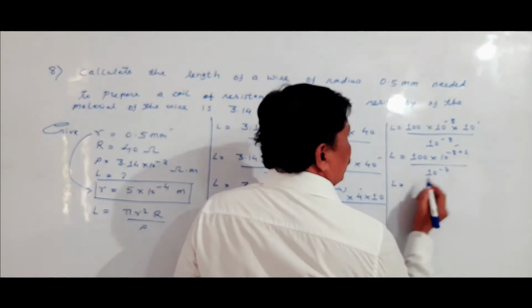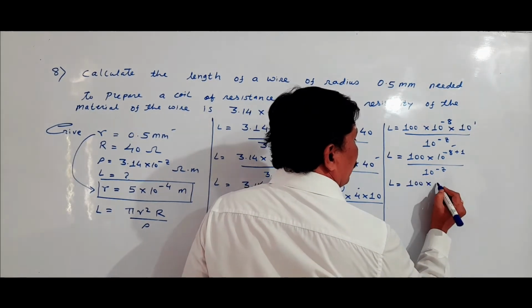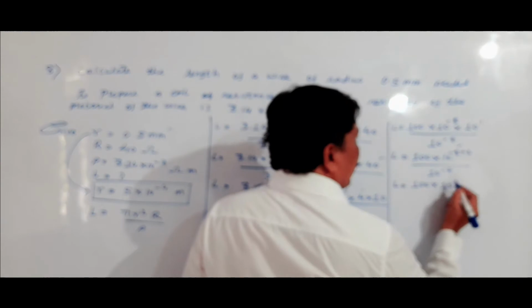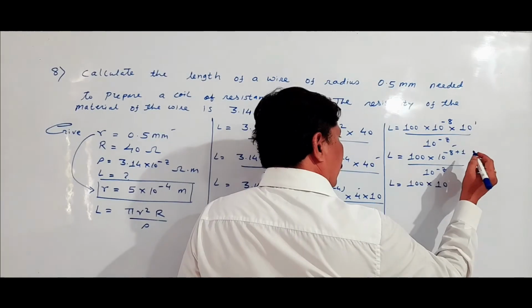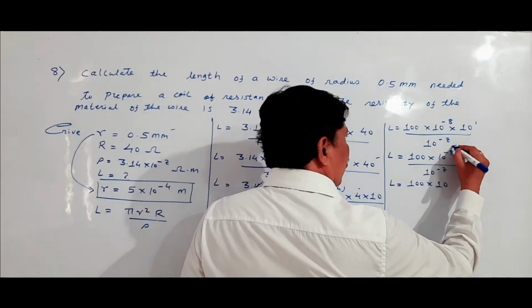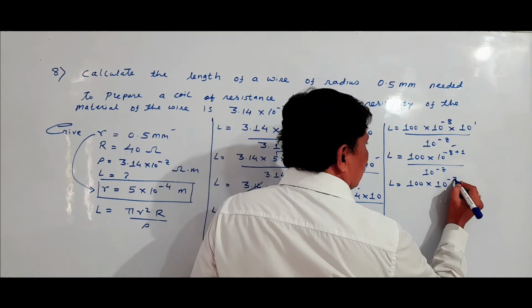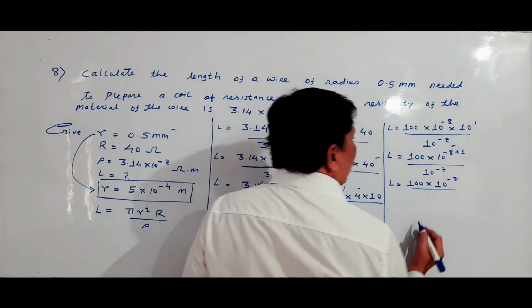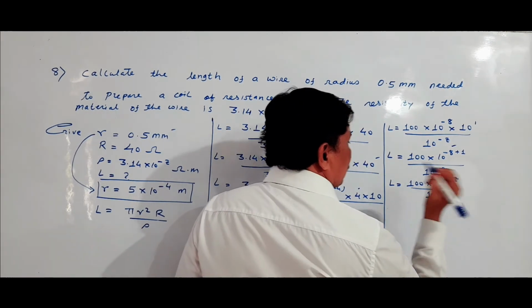L is equal to 100 into 10 to the power minus 8 plus 1, that is minus 7. The sign of the greater number, 10 to the power minus 7 upon 10 to the power minus 7.